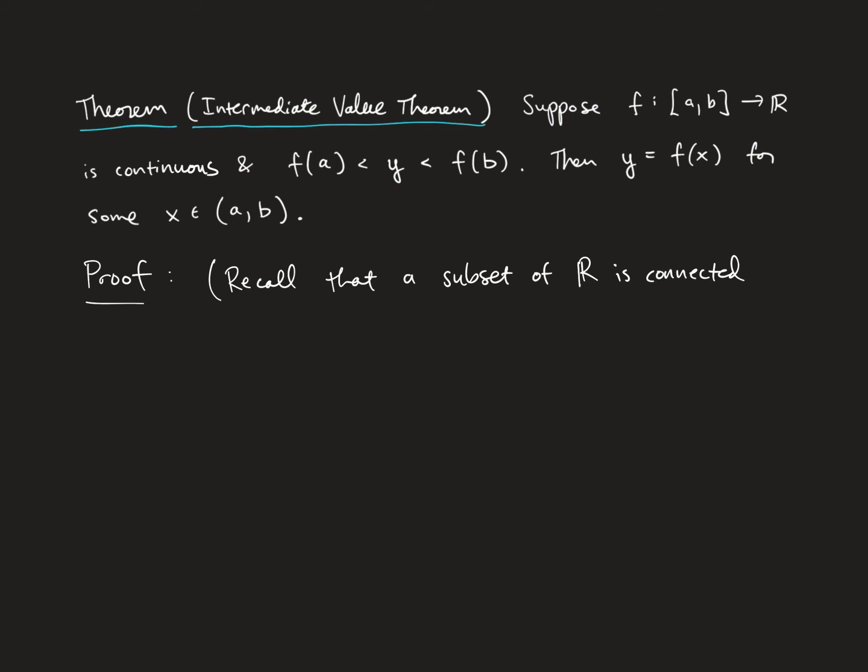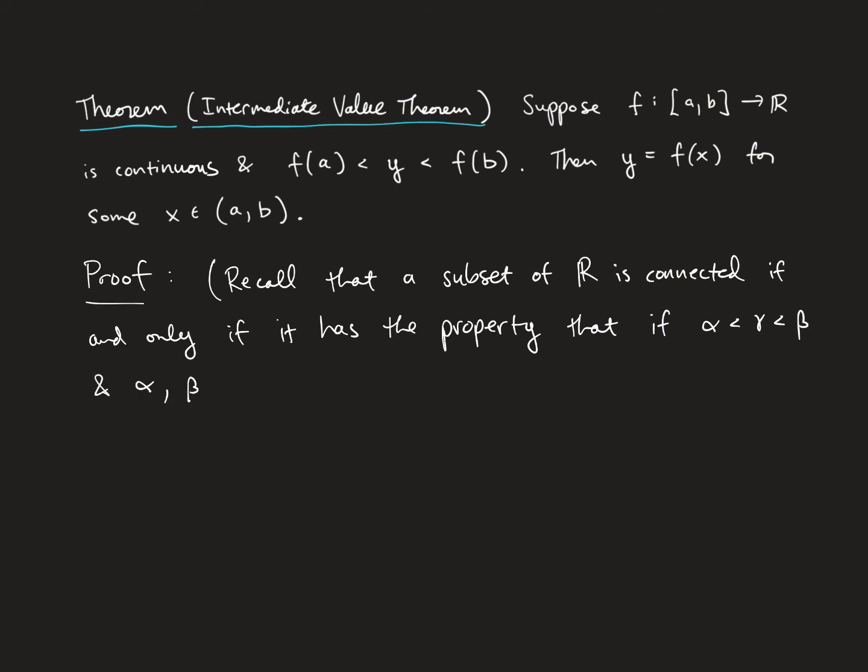A subset of R is connected if and only if it has the property that if alpha is less than gamma is less than beta, and alpha and beta are in the set, then so is gamma.